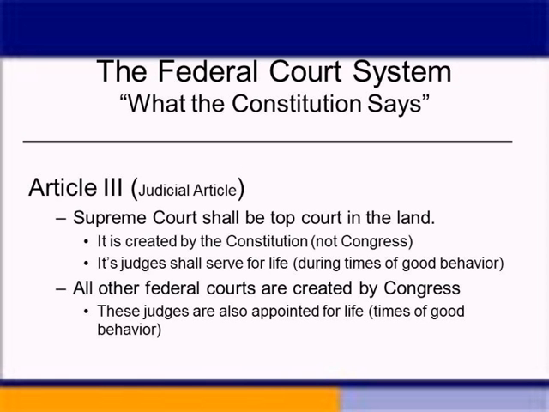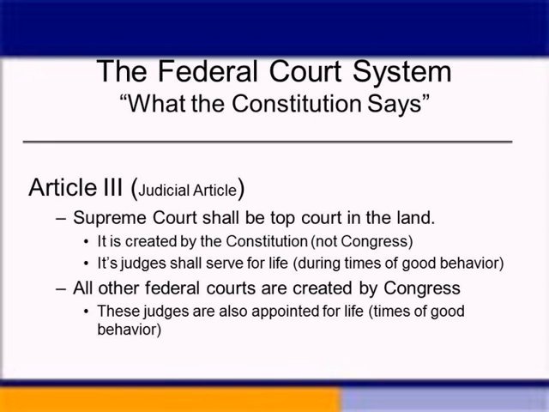Where we want to start when looking at the federal court system is what the Constitution says. Article 3 of the U.S. Constitution is known as the judicial article. And as with most topics in the U.S. Constitution, this article is very vague. It doesn't provide a whole lot of specific information.